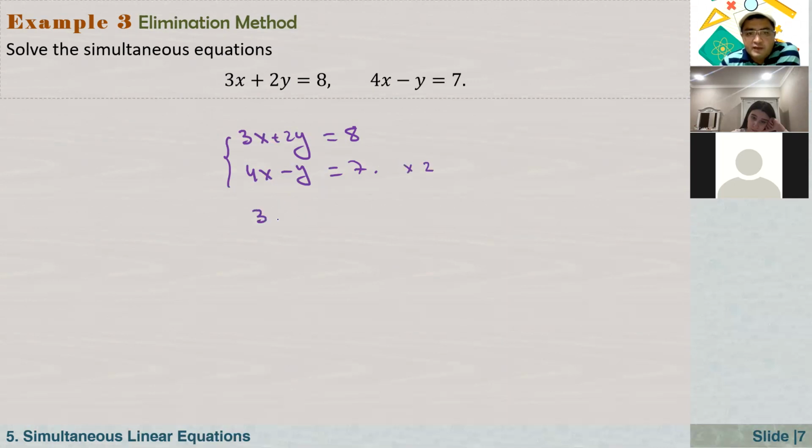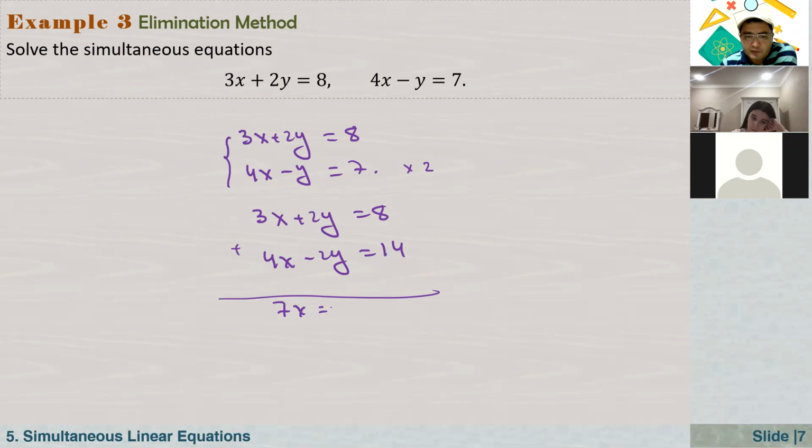Then here we have 3x plus 2y is equal to 8, and here we have 4x plus 2y... 4x minus 2y is equal to 14. Now, if you add them together, the sum is 11x.